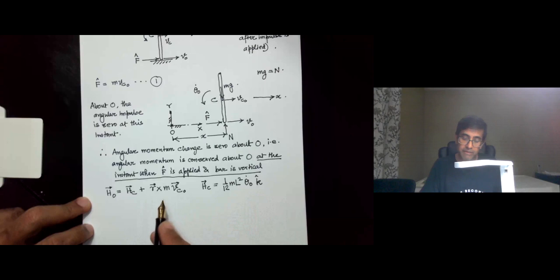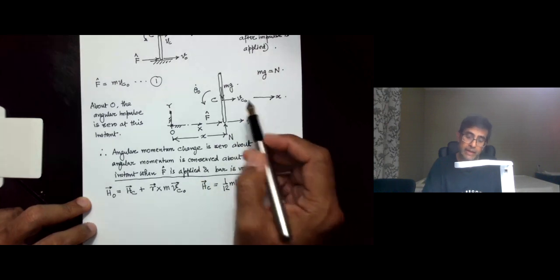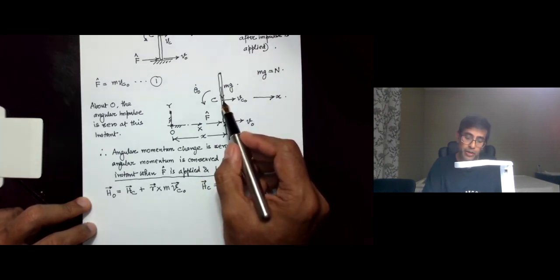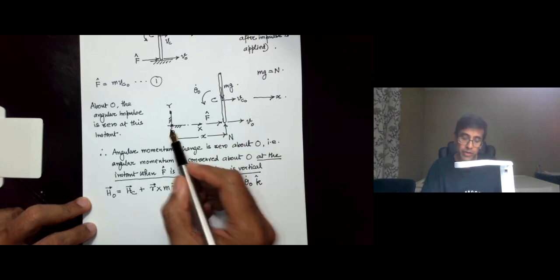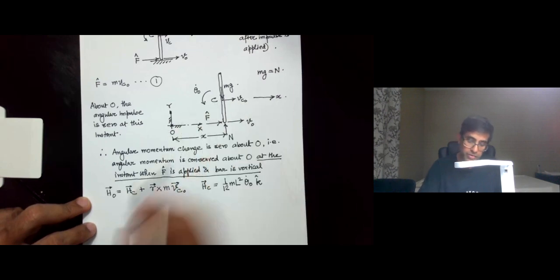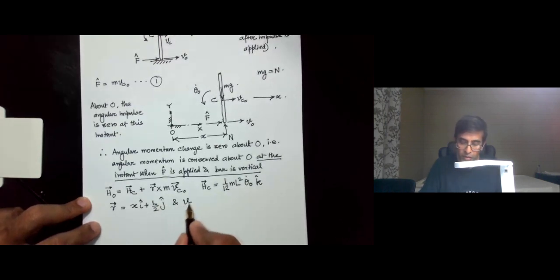Now R cross M V is basically the angular momentum produced by the velocity of the center of mass about the point O. The R vector is going to be x i plus L by 2 j, and V C O, the vector, is going to be V C O, the magnitude, in the i direction.